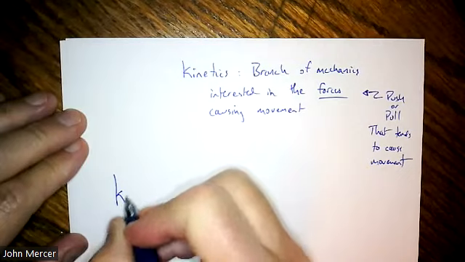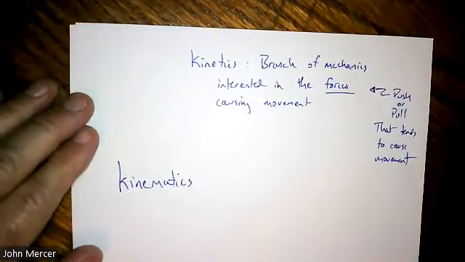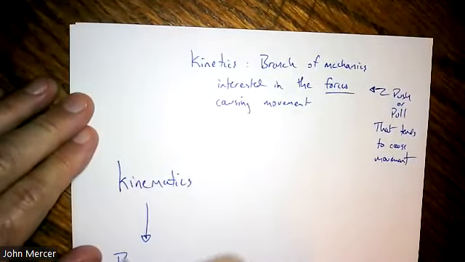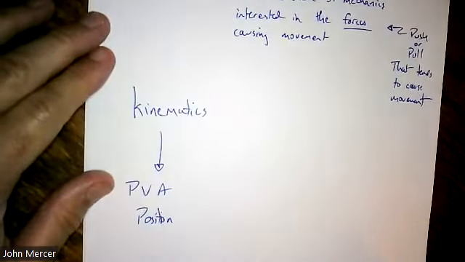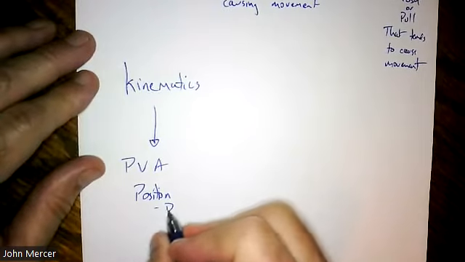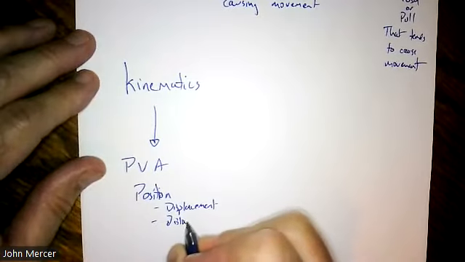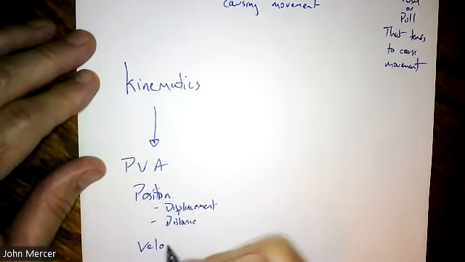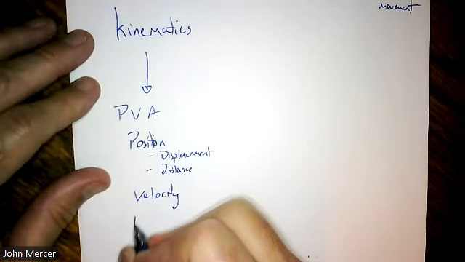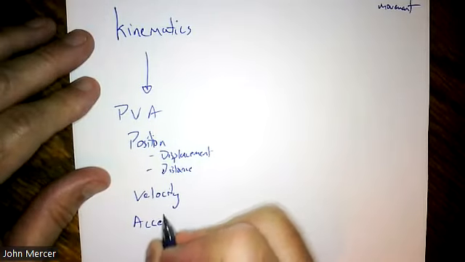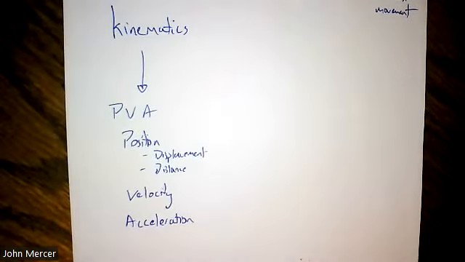And this is why I spend a lot of time at the beginning of this course trying to understand kinematics, in particular PVA: position, how to quantify position both with displacement and distance, how fast position is changing by understanding velocity, and how fast velocity is changing, and that's acceleration, the time rate of change of velocity.